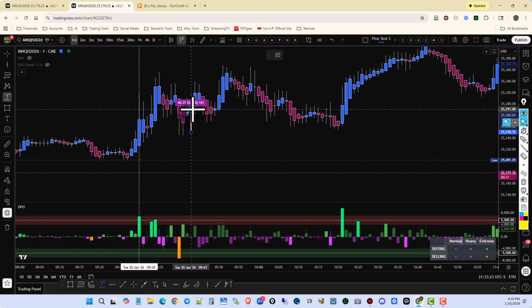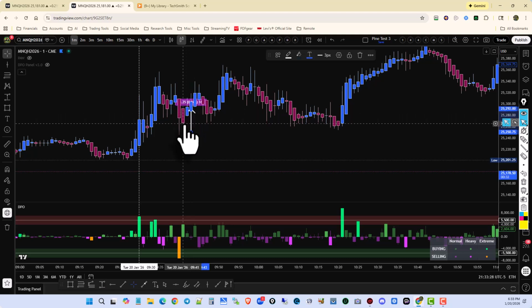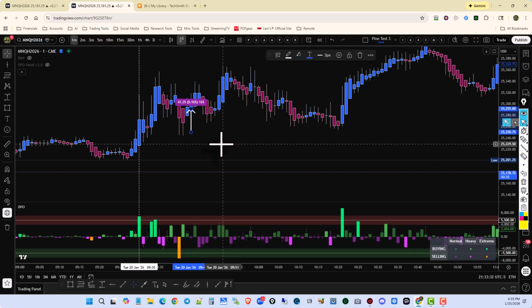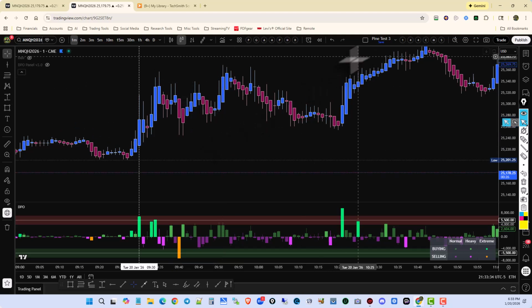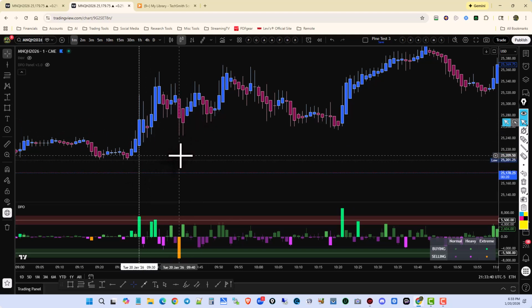Right? That's a total of 170 ticks. So if you build in 25 ticks, you're going to probably get that. All right, that's about 5 points. Okay, on the NQ, that's a good amount of average there. If you can get 5 points per trade, you're going to finish with a decent amount of money.